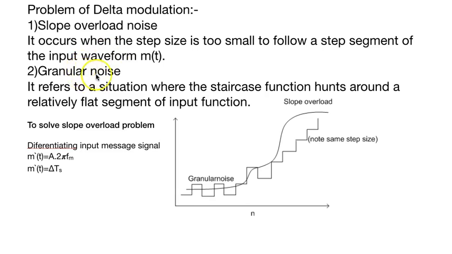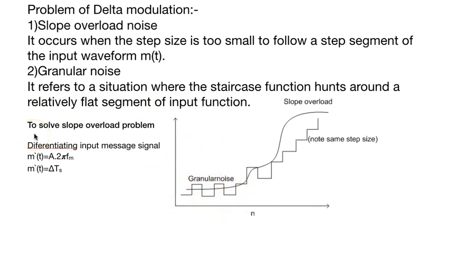Okay. And whenever there will be a flat surface, it will mostly be hunting around at that signal, which is relatively flat of the input function, and this will consume a lot of noise.